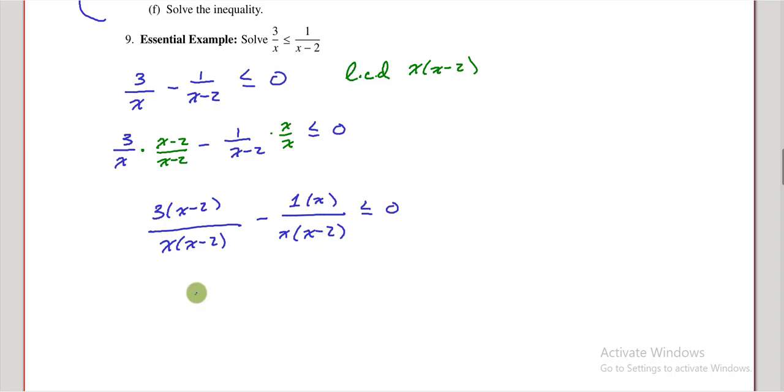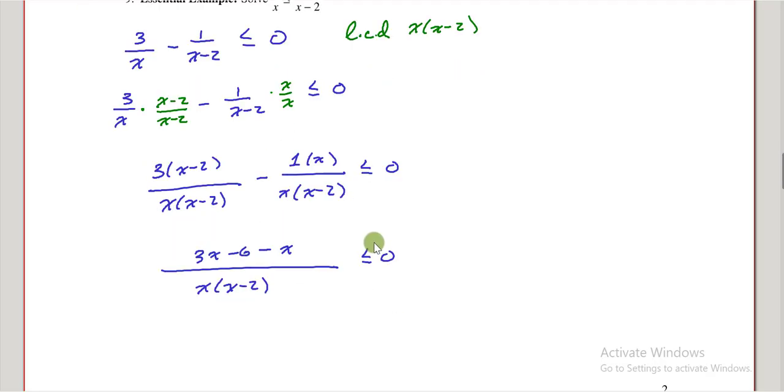This would give me 3x minus 6 minus 1x, all over the LCD. It's less than or equal to 0. Okay. And now as I finish, we end up with just 2x minus 6 all over x times x minus 2 needs to be less than or equal to 0.